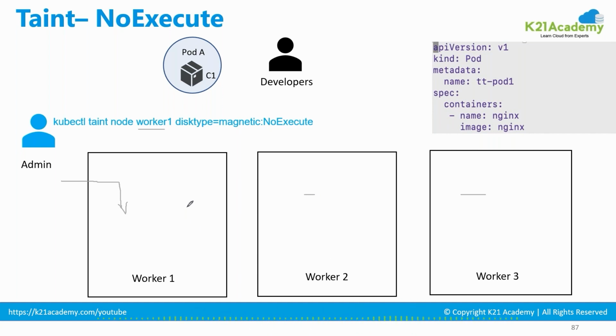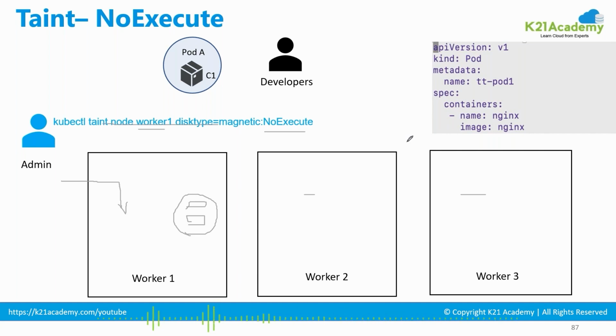But whatever existing pods are there, they will also get evicted from this location, right? So that is the meaning of NoExecute. Do not deploy any pod, do not schedule any pod, as well as do not execute any pod on this worker node if it is tainted like this one.